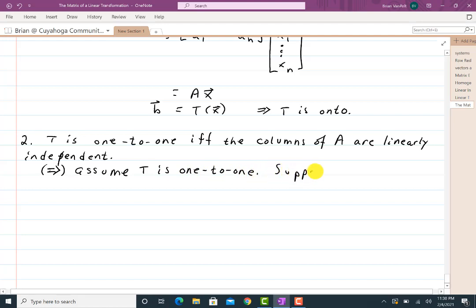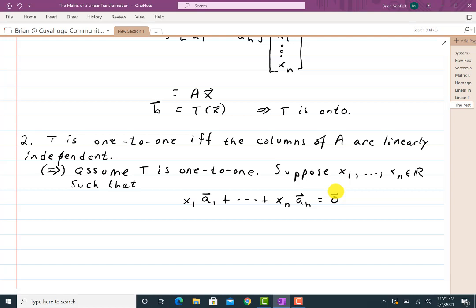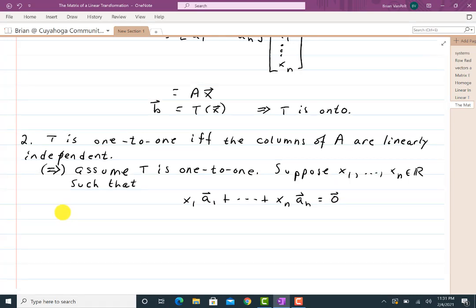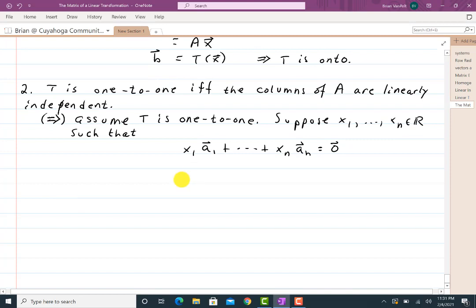Suppose x1 up to xn are all real numbers such that x1 a1 plus ... plus xn an equals the zero vector. Remember, I'm trying to show that the columns are linearly independent, so I want to show that each of these scalars actually equals 0. Well, just like last time, we have the following then.